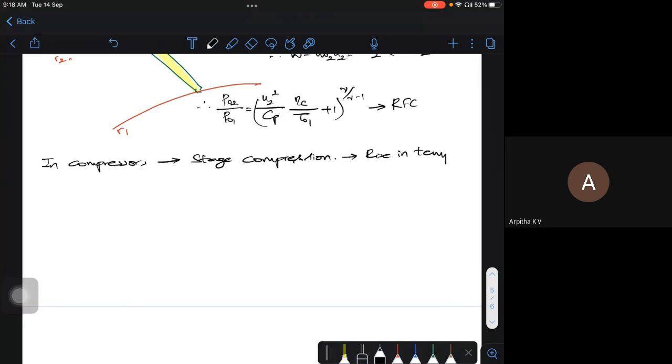That is the phenomenon we see. What is desirable is to reduce this temperature.